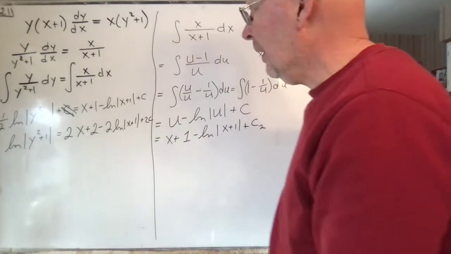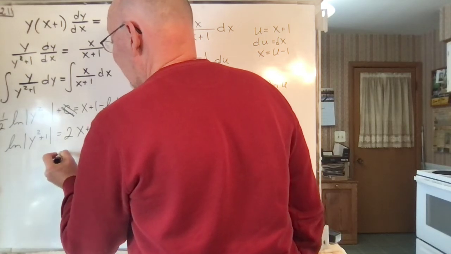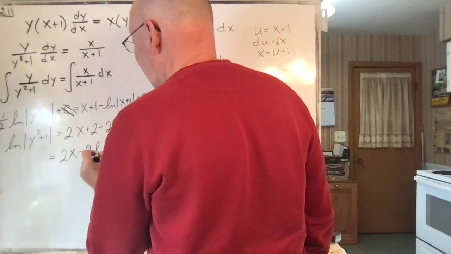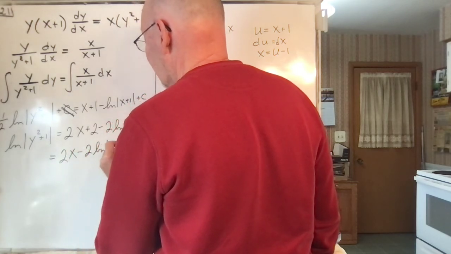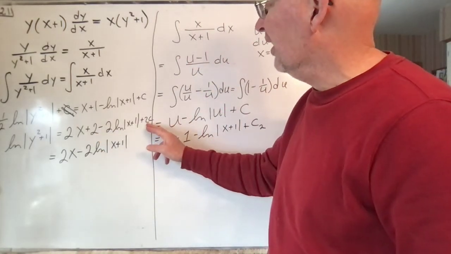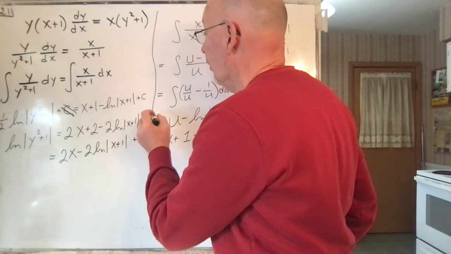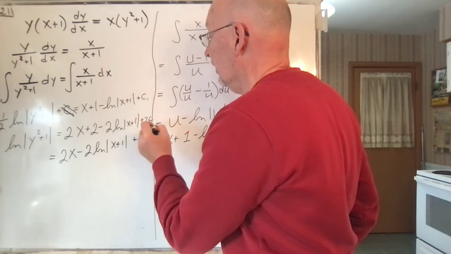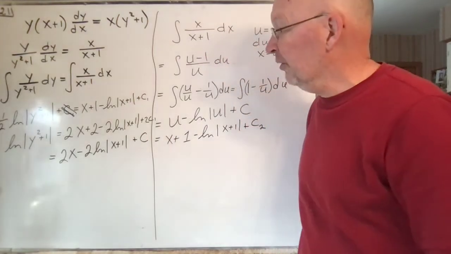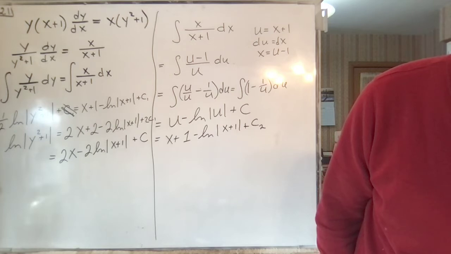Okay? But notice that this is just equal to 2x minus 2 ln of the absolute value of x plus 1. And then 2 is a constant, and 2c is a constant, so you add those things together and you just get a constant again. So again, if I wanted to, I could call this a C1 again, and if you add all those together, you're just going to get a C. So the point is, by the time you're done with all that, you get yourself a C again.